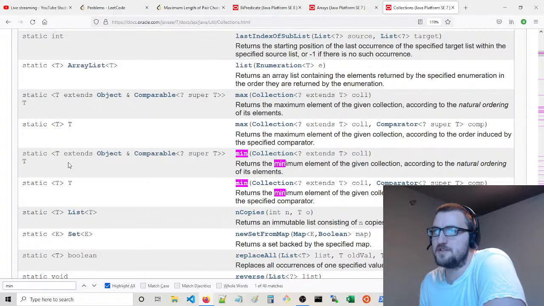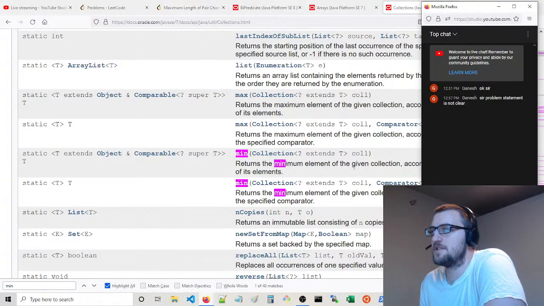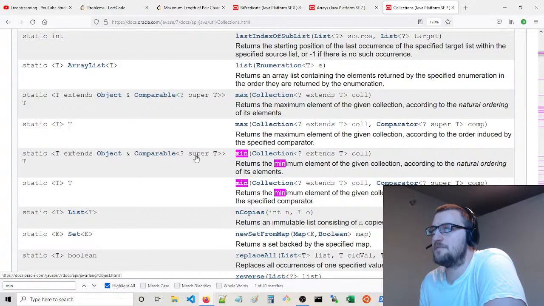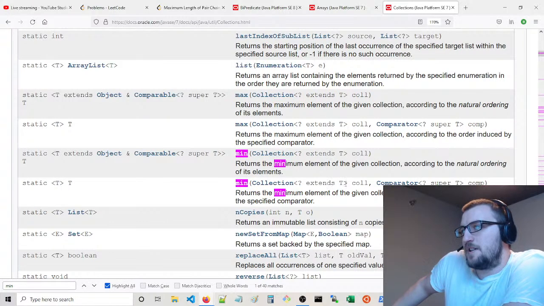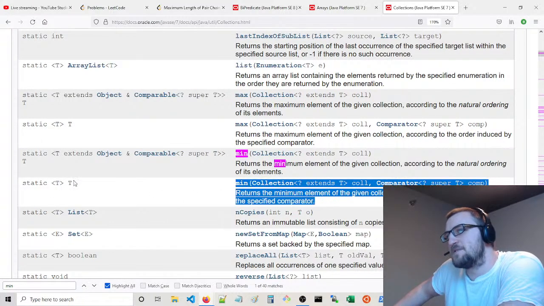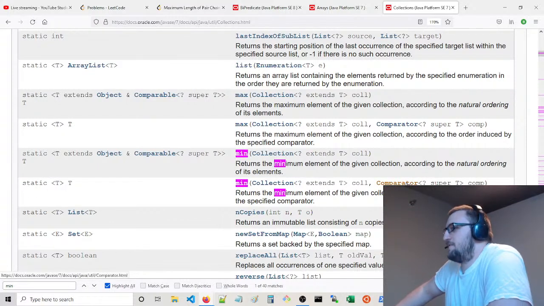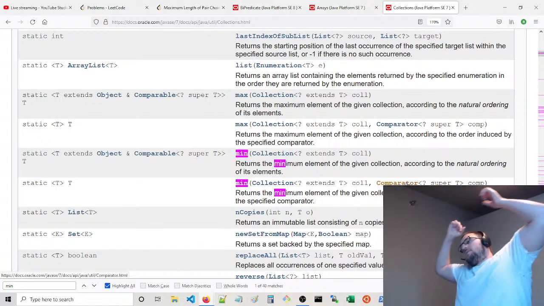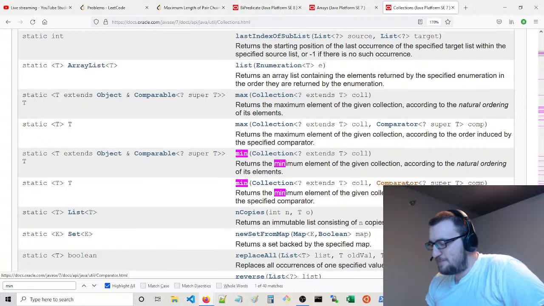Yeah, Java wildcards is still something I kind of need to study a little bit more, quite frankly. Returns the minimum element of the given collection according to the natural ordering of its elements. So we actually want to use a comparator. Order induced by the specified comparator. So we're going to use an anonymous comparator that we're going to build in order to get the minimum pair that we're looking for.